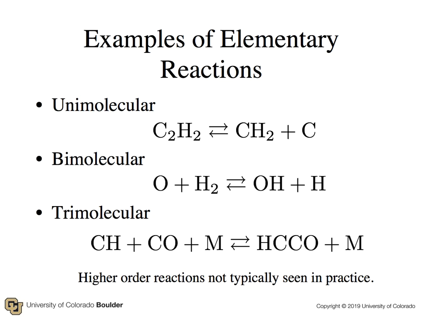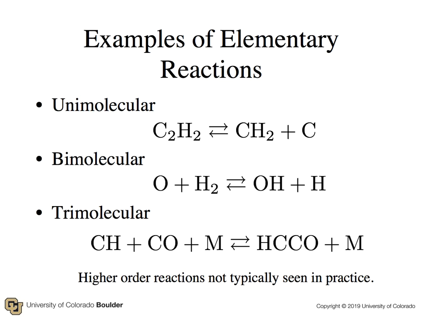And then the third example is a so-called trimolecular reaction, where you have 3 reactants that come together, CH plus CO plus M, and produce HCCO plus M. So there are unimolecular reactions, bimolecular reactions, and trimolecular reactions.